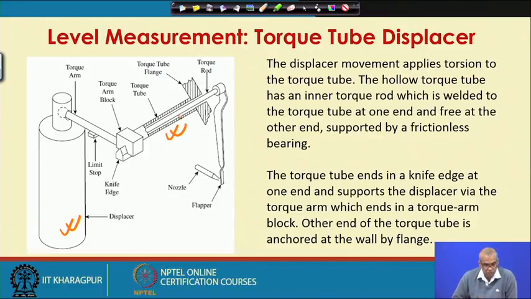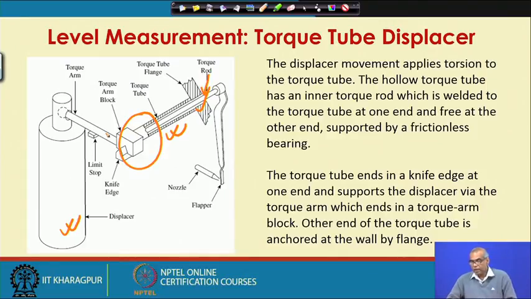As the liquid level changes, the displacer changes its position, and this displacer movement will apply a torsion to the torque tube. Look here, this is the inner torque rod.